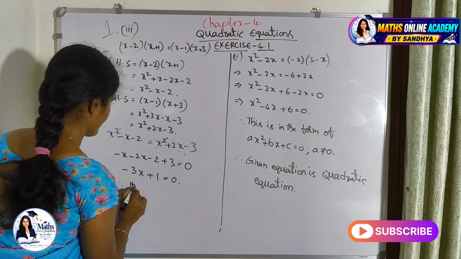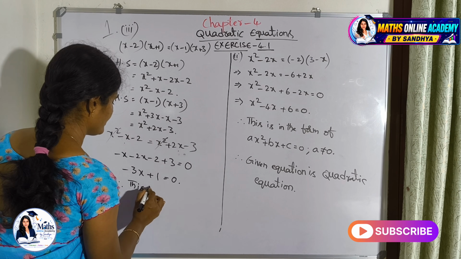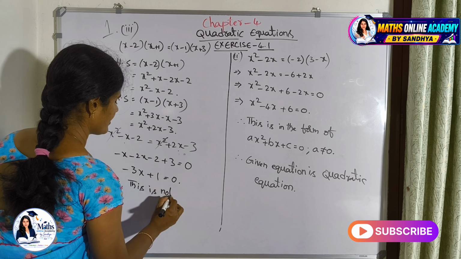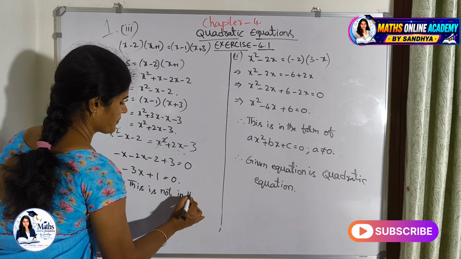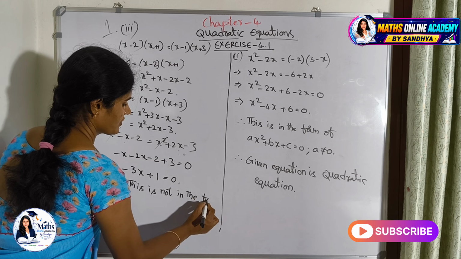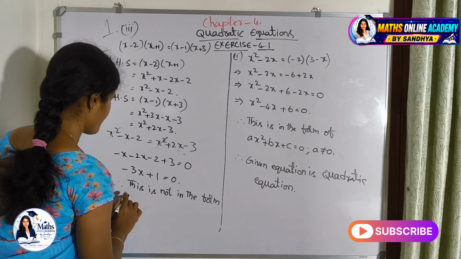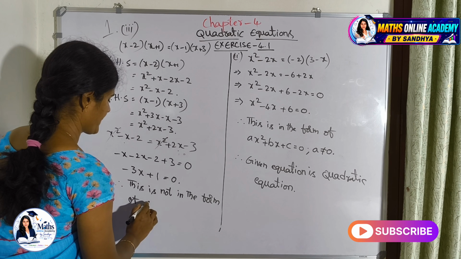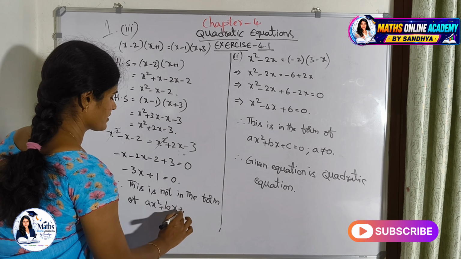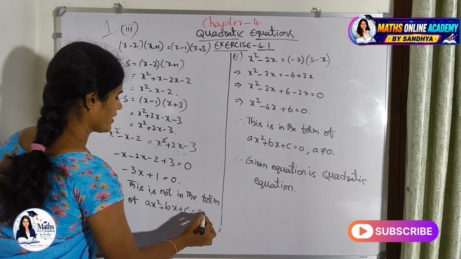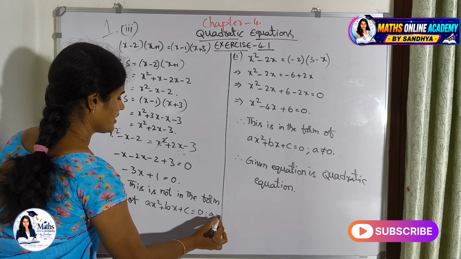Therefore, this is not in the form of ax square plus bx plus c equal to 0, and one more condition is a not equal to 0.